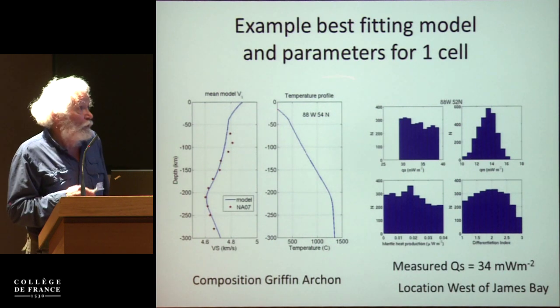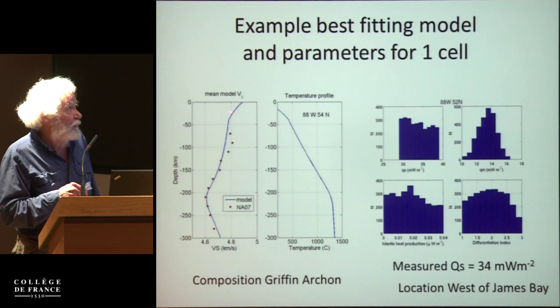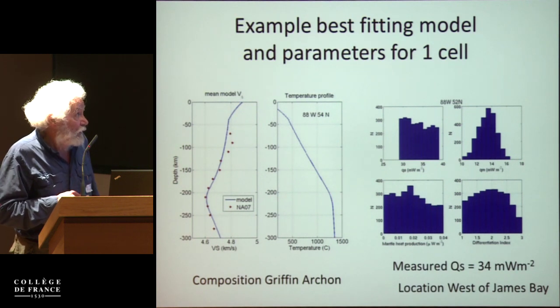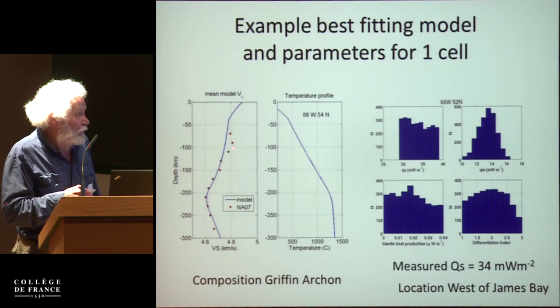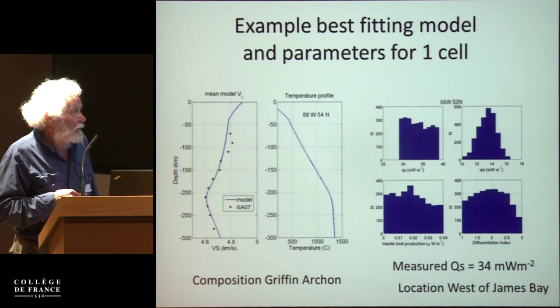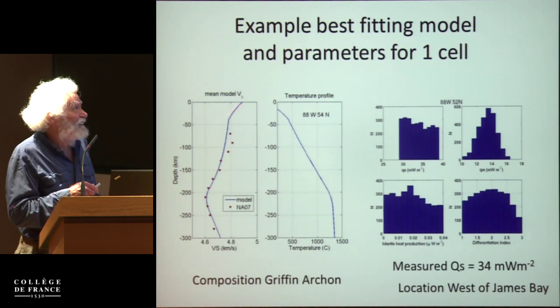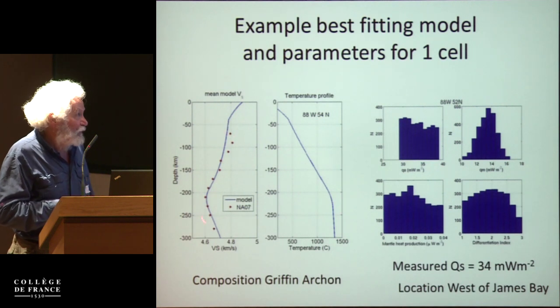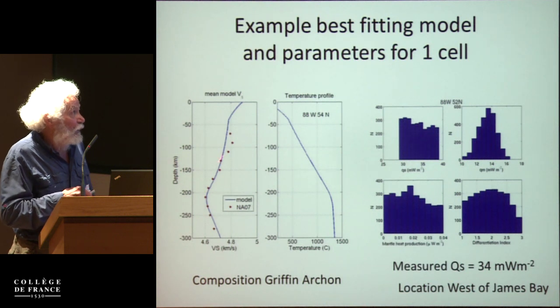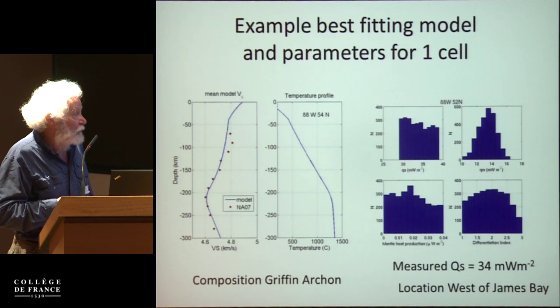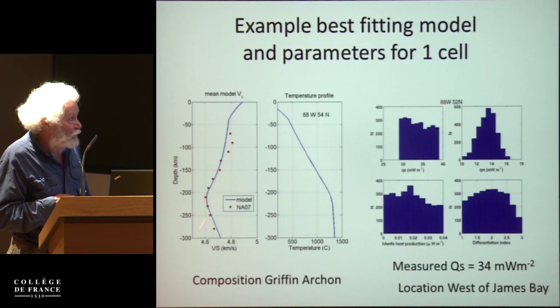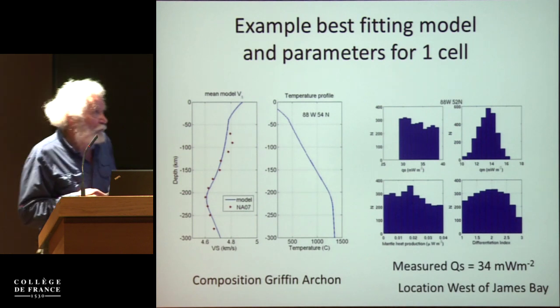Okay. This is an example of a good fit. These are the velocities from surface wave tomography, and this is the temperature profile from our average temperature model that fit the surface wave tomography.